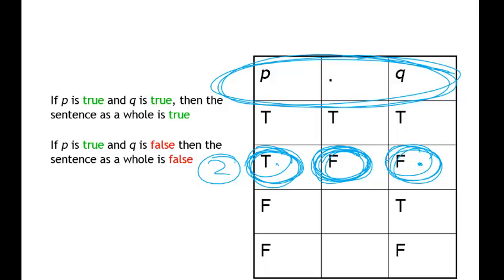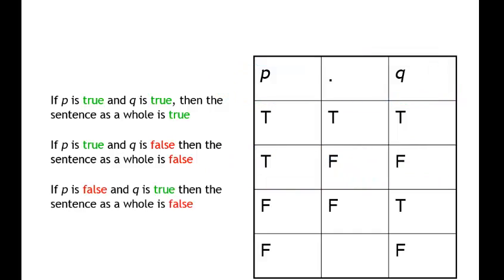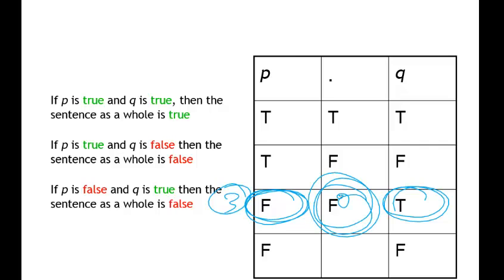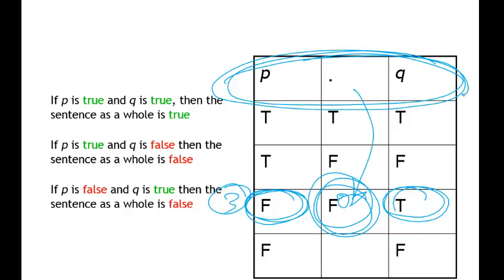One more time: the conjunction is false when one of the conjuncts is true but the other is false. Let's look at the third case. In the third case, we've got something similar. We've got one of the conjuncts being false, the other being true, so we say that the sentence as a whole, P and Q, that should be a dot, is false.